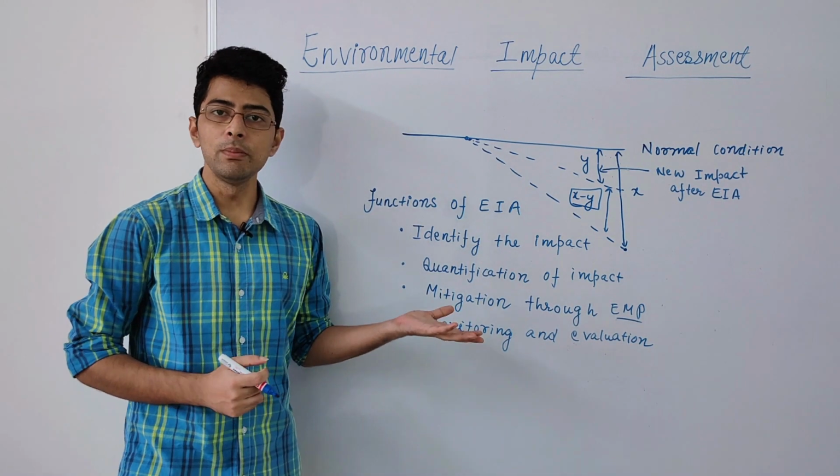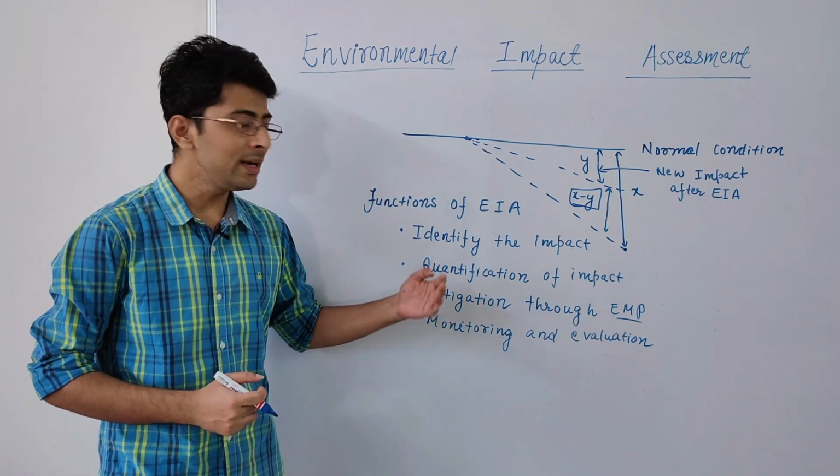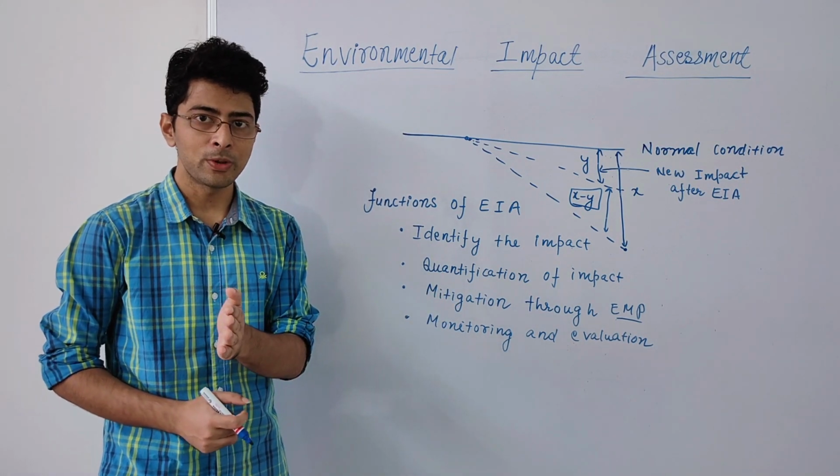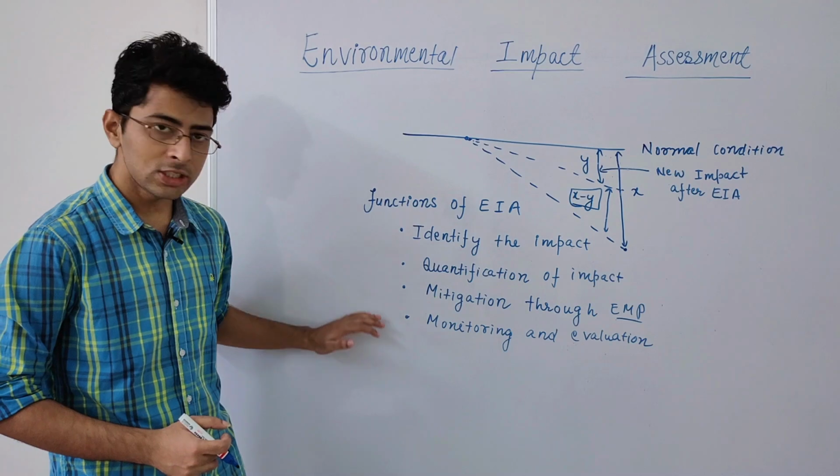So, to continuously monitor and assess the impact and take the corrective action, which will vary according to the life cycle of a project. So, these are the 4 functions of EIA.